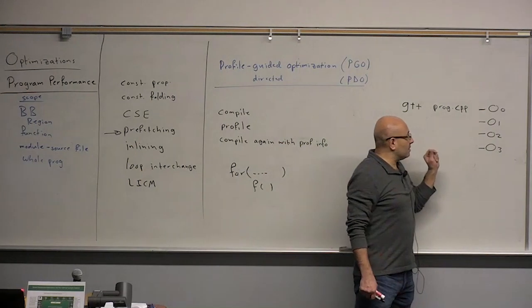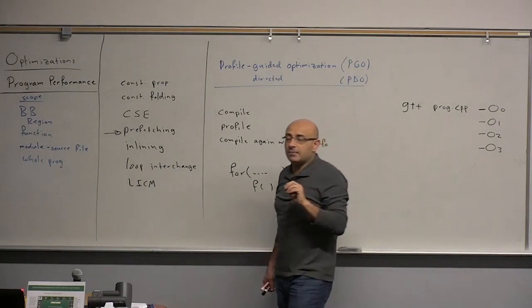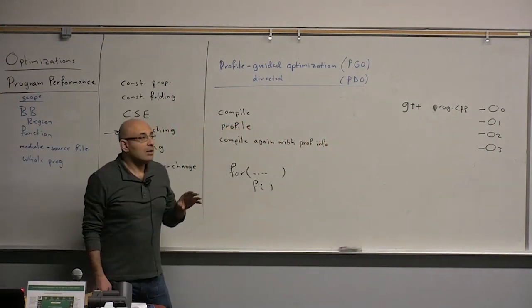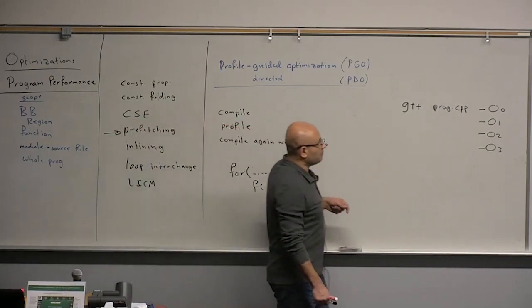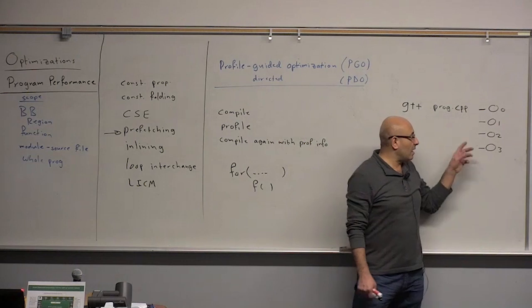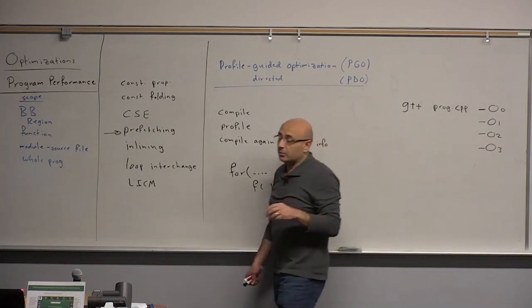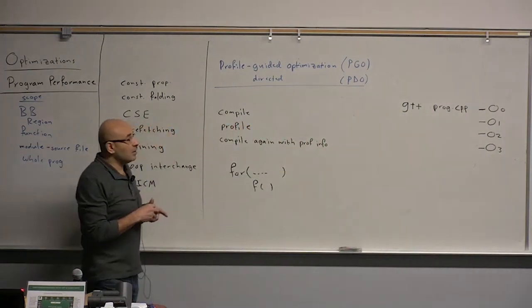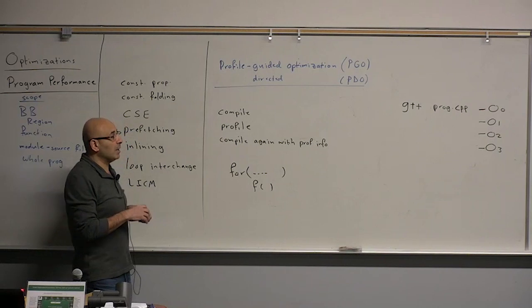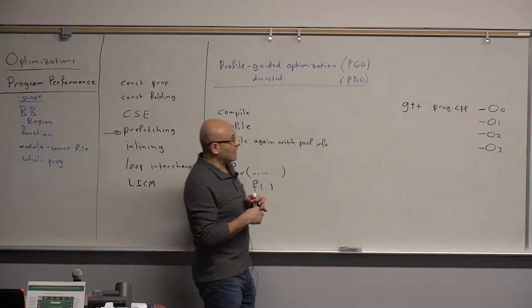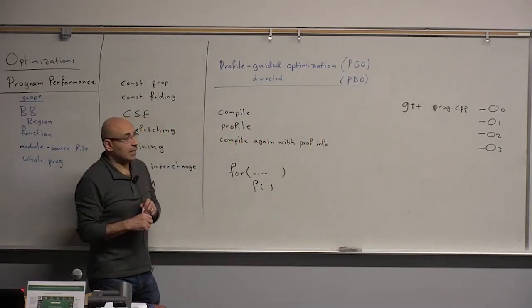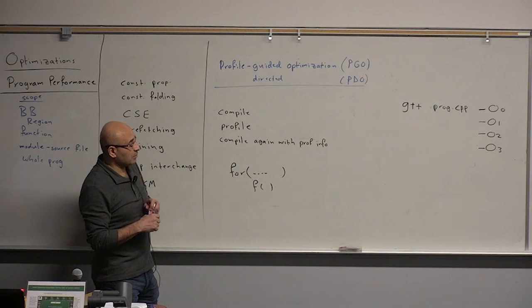And even the same optimization, the compiler can do it more or less aggressively. So at a high optimization level, it can do the optimization more aggressively, like doing multiple iterations, more iterations. So that can also be a factor.